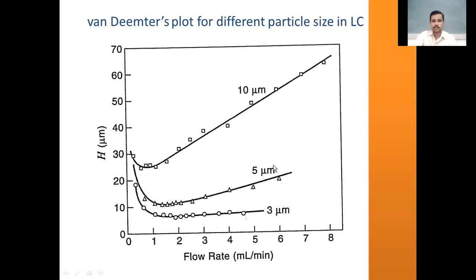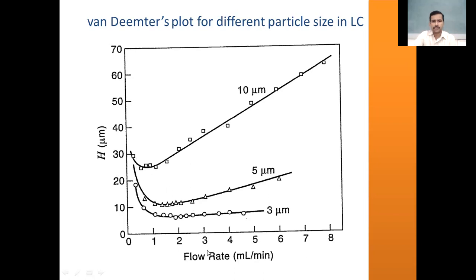If the particle size was 5 micrometer, which is greater than 3 micrometer, then as the flow rate is increased, plate height keeps on decreasing up to a certain point. Beyond that particular point, as the flow rate is increased, plate height will also increase.